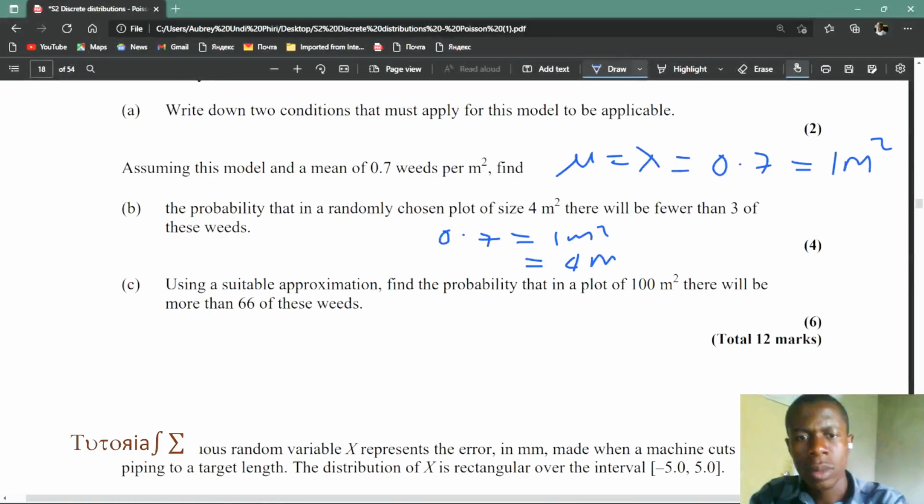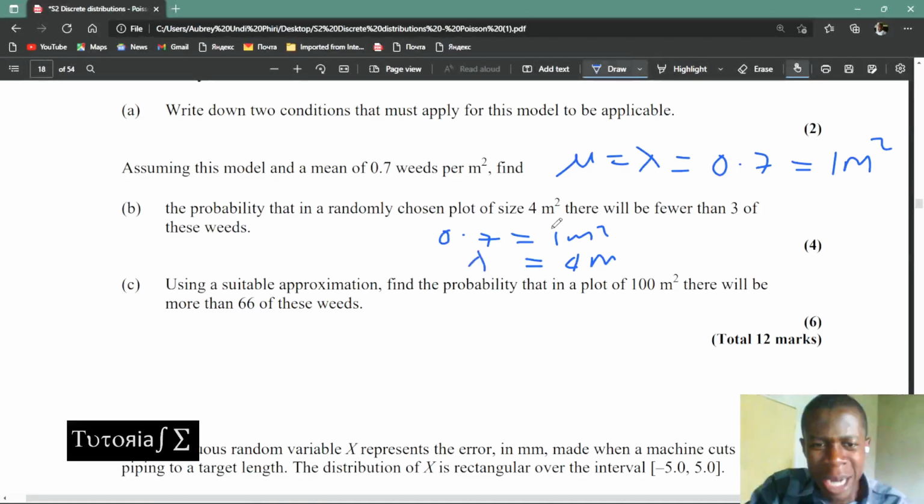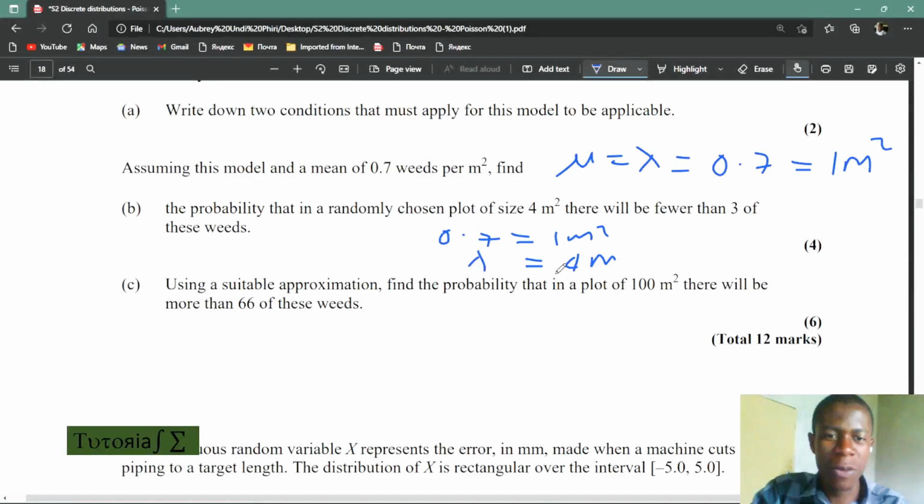Lambda. So we calibrate the mean according to the question, using the given information. So what would be the mean in 4 meters squared? It's just cross multiplication here: lambda times 1 is just lambda, then this times that.